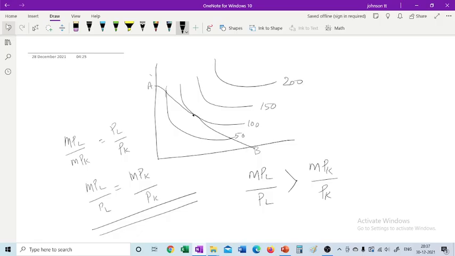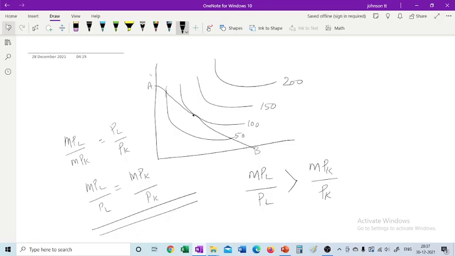You have spent a certain amount of money for labor and a certain amount for capital also. What kind of changes will you make to come back to the least cost combination? Will you spend more money for labor or more money for capital?